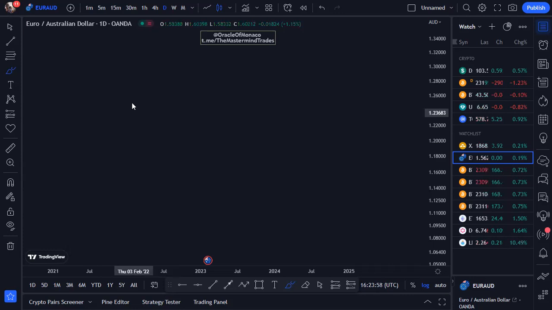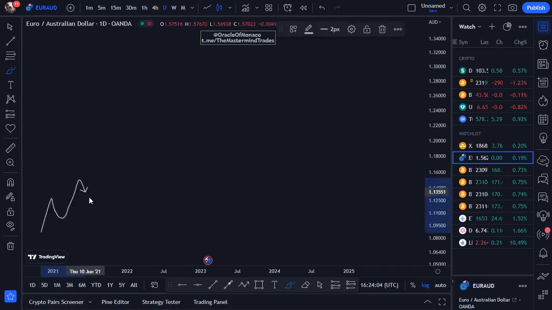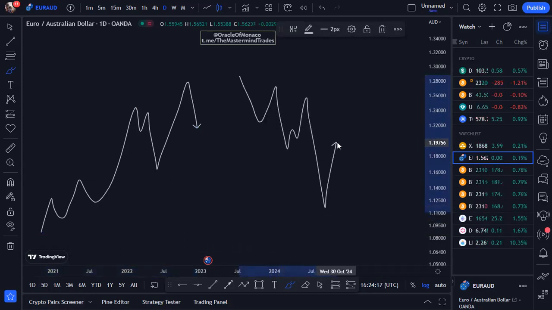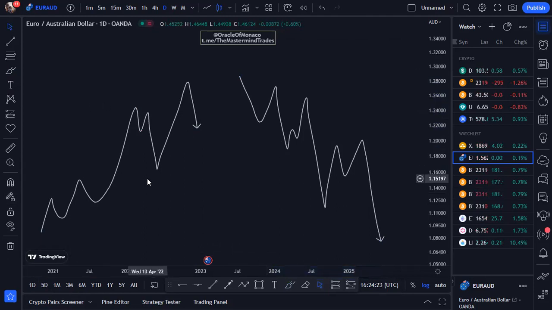In an uptrend, we want to see structures similar to this, higher highs and higher lows. In a downtrend, you would most likely see lower lows and lower highs.